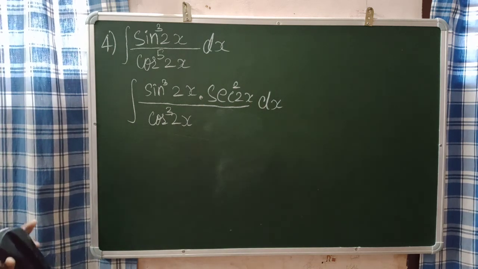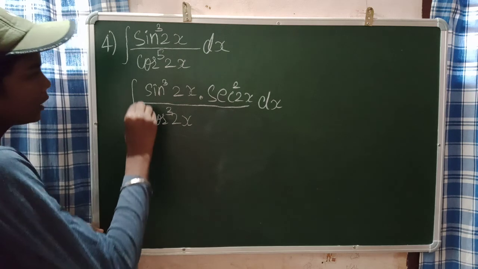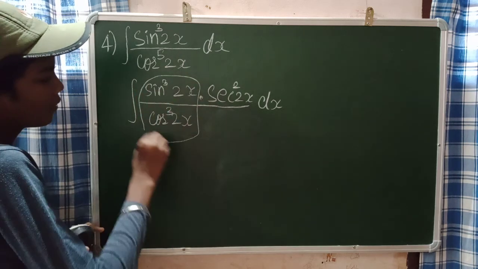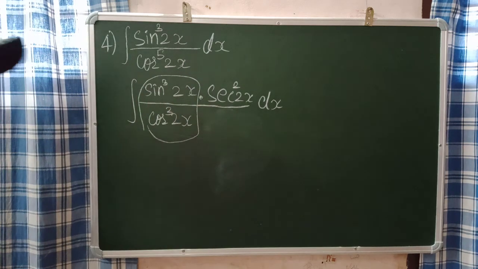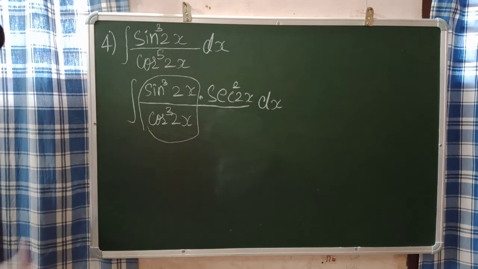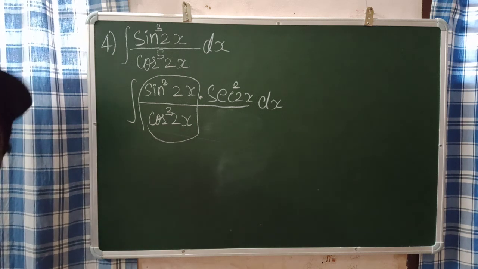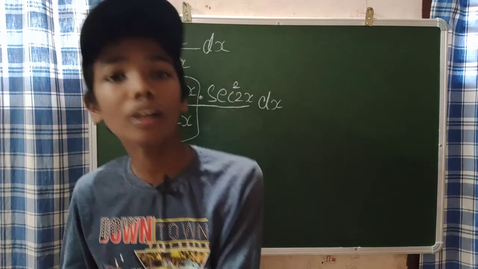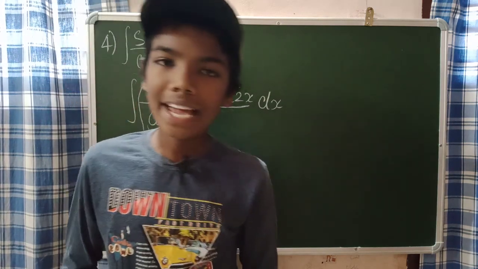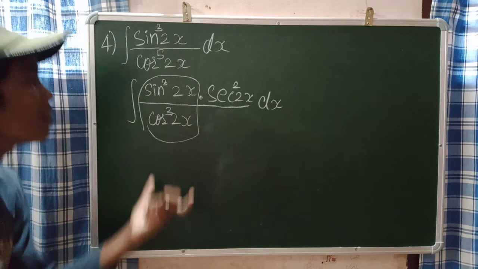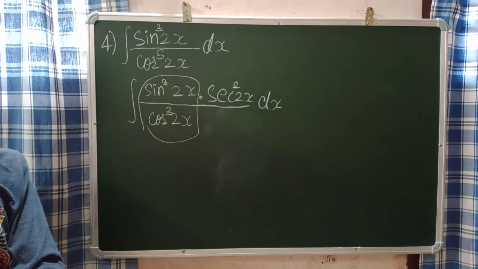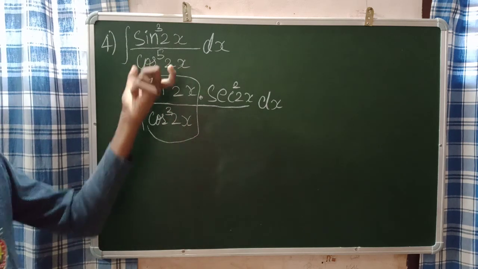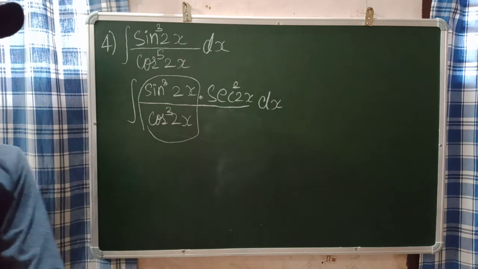Now what is sine cube of 2x divided by cos cube of 2x? It will be nothing but tan cube of 2x, and that is the reason I split your denominator as cos cube 2x into cos square of 2x. In order to make this expression tan cube of 2x, I split this denominator as cos cube of 2x into cos square of 2x.